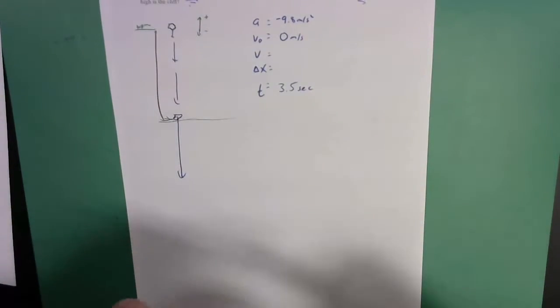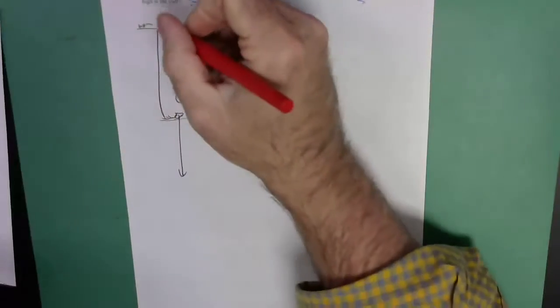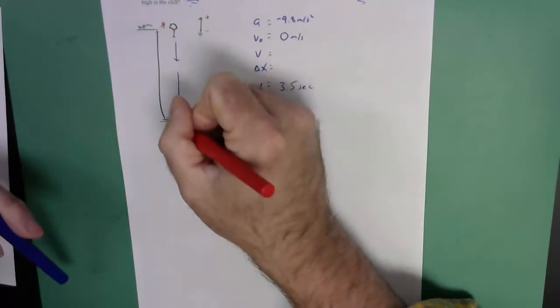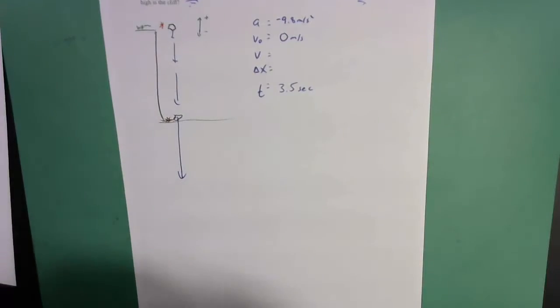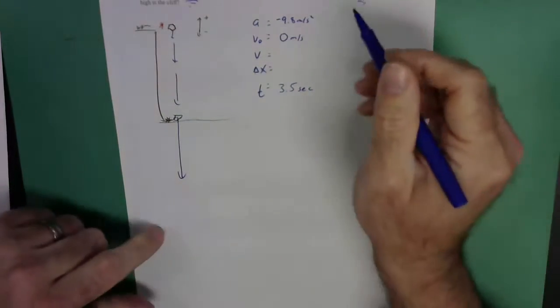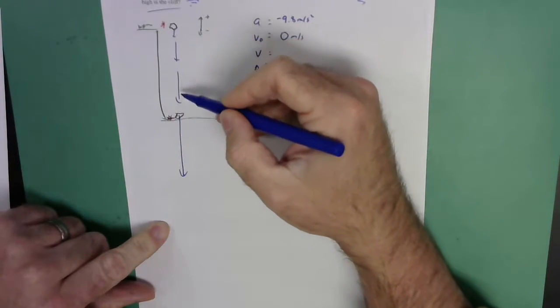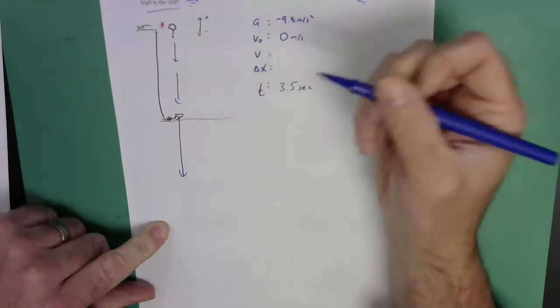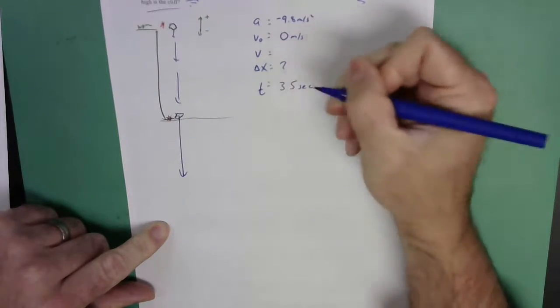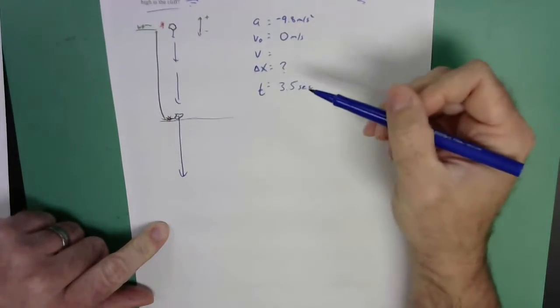So our calculation is going from here to here. And we want to know how high is the cliff. That's like asking how far this is going to travel, what the displacement is going to be. So if we get this displacement, we can find the height of the cliff from that. So put a question mark there.